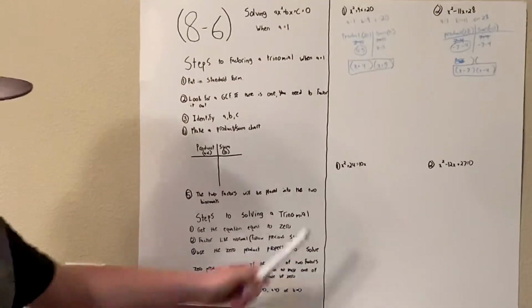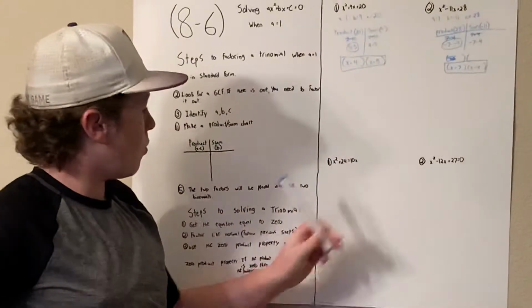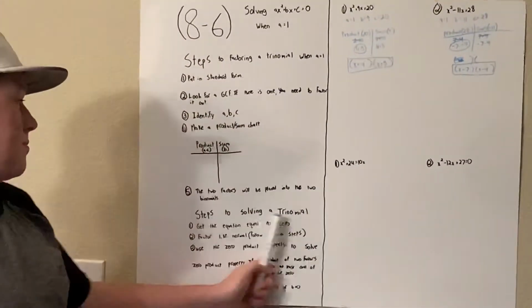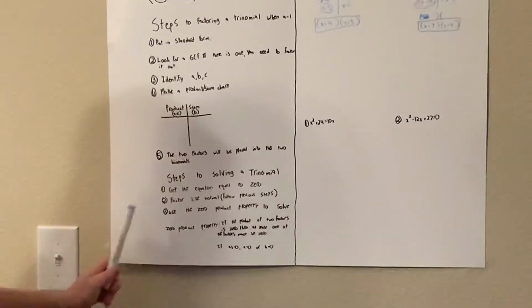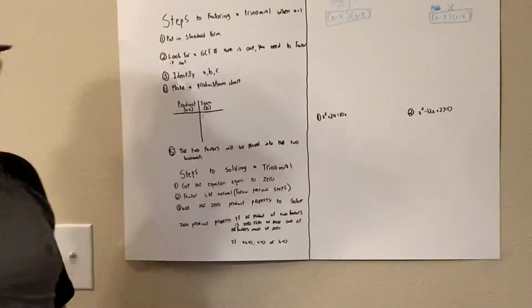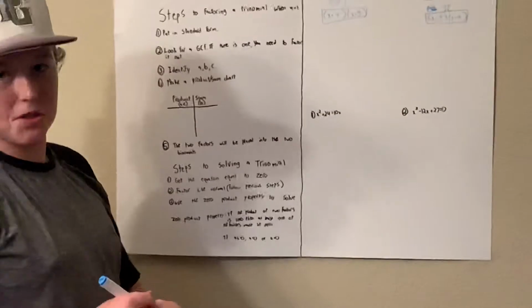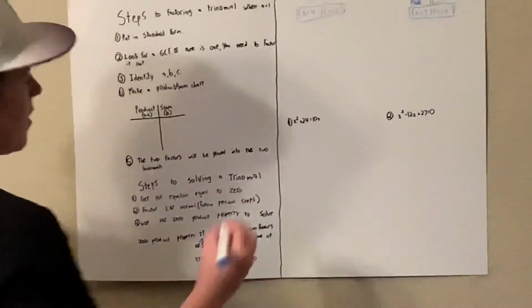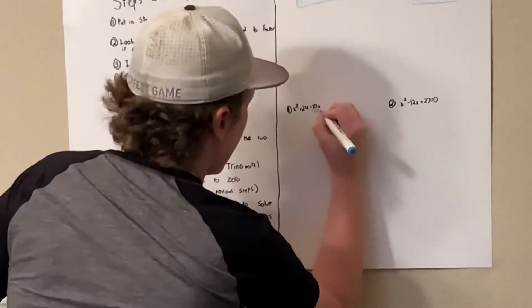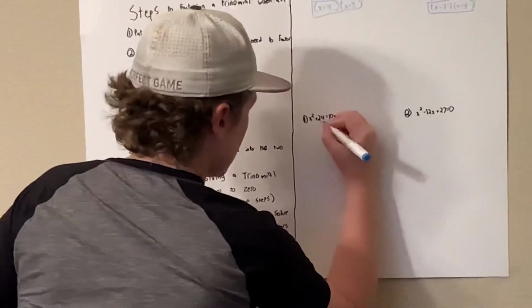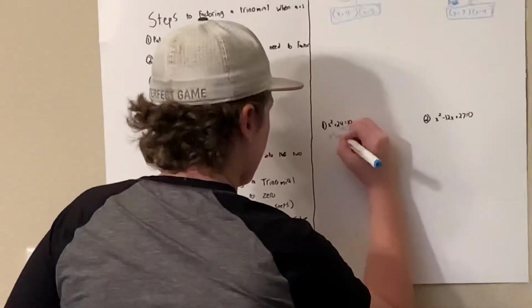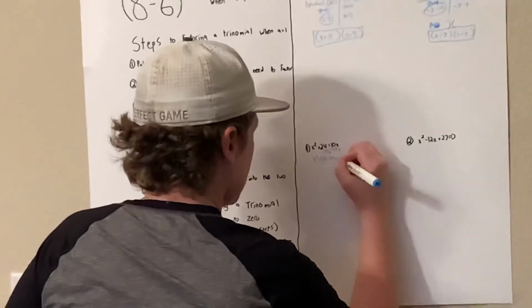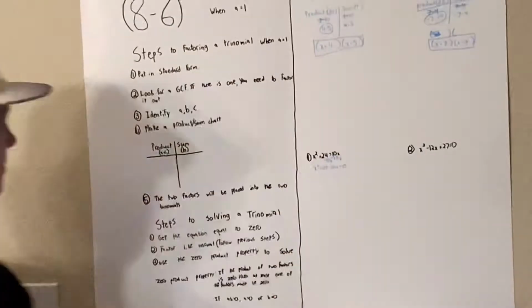Okay, so example number 1 for steps to solving a trinomial. So, step 1, get the equation equal to 0. It is not equal to 0, so what you do is you subtract the 10x on both sides and get to x squared plus 24 minus 10x equals 0.